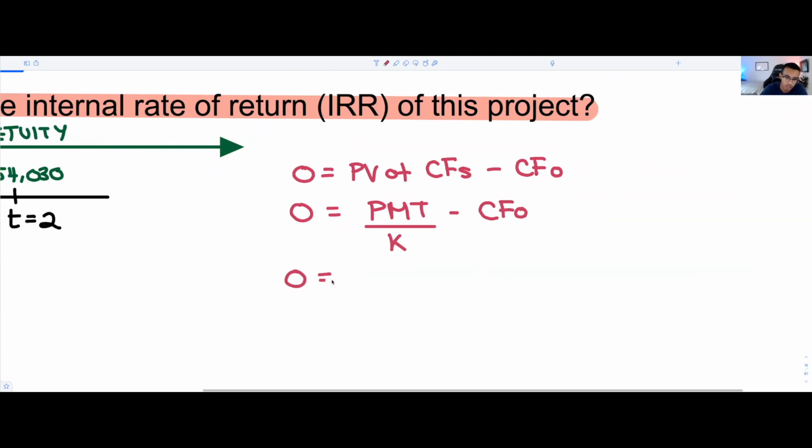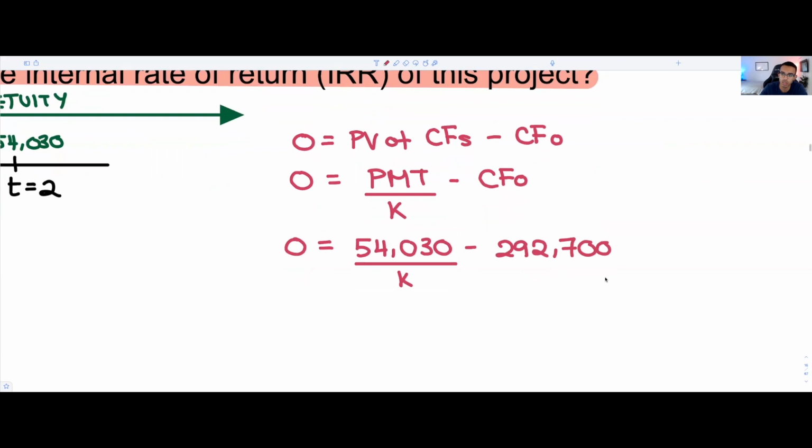So we're going to have 54,030 over this given random point, which we don't know yet, which is K, minus 292,700, and that should give us our K.